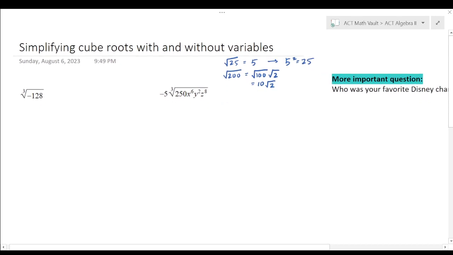Now how do I figure out all of these perfect squares? Well, 1 squared is 1, 2 squared is 4, and then you just go down the list.